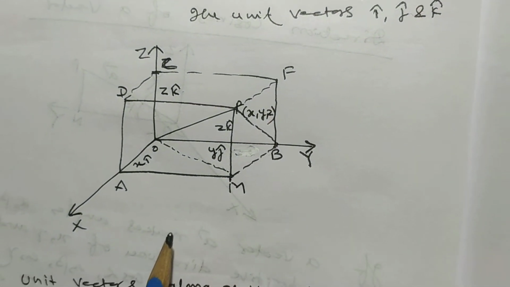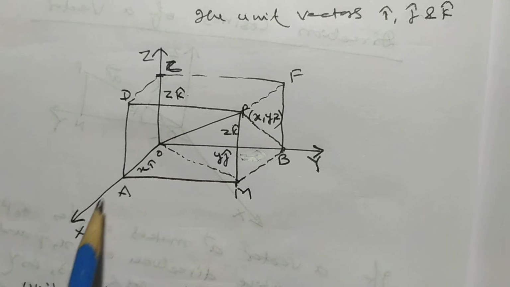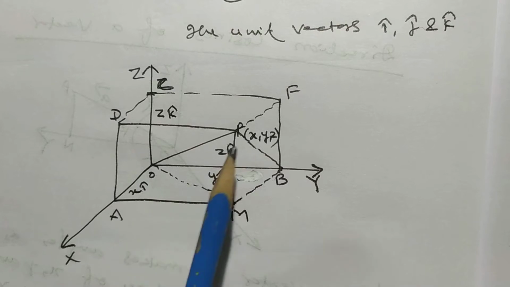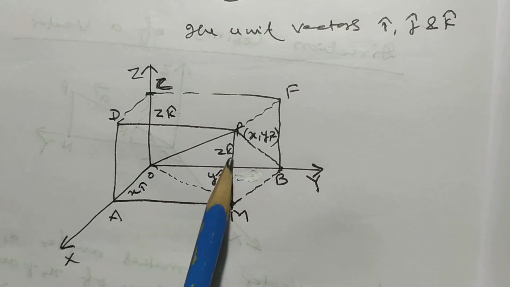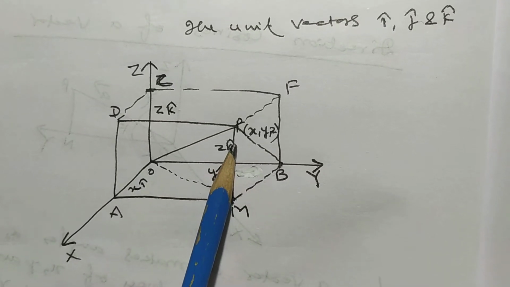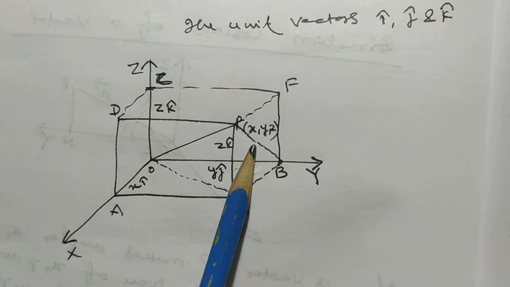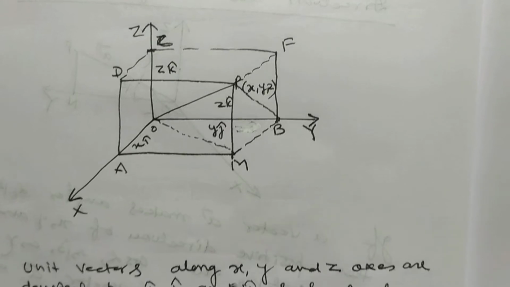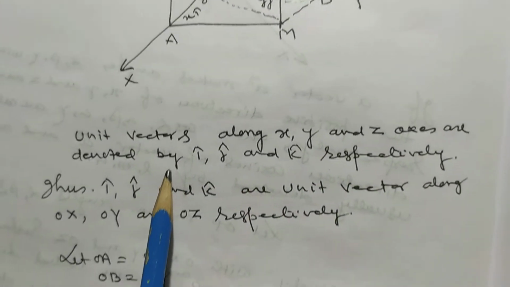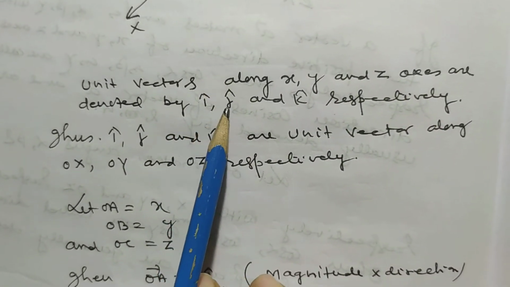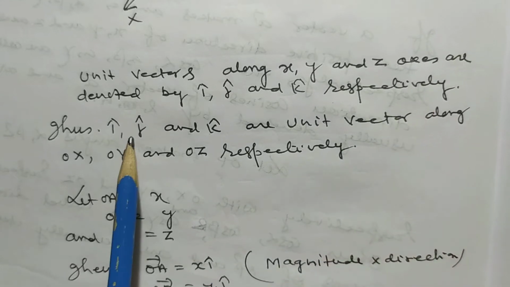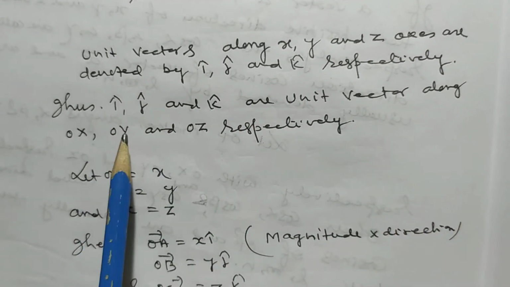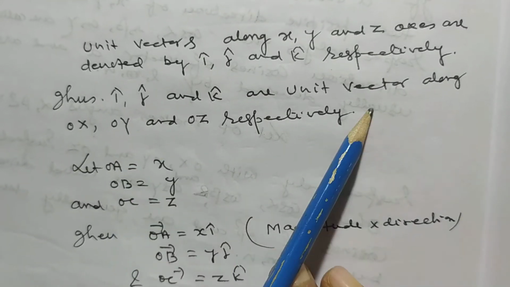You see here OX is the x-axis, OY is the y-axis, and OZ is the z-axis, and OP is a line, and P is the point in space with coordinates x, y, z. Then the unit vectors along the x, y and z axes are denoted by i, j and k respectively. Thus, i, j and k are unit vectors along OX, OY and OZ respectively.